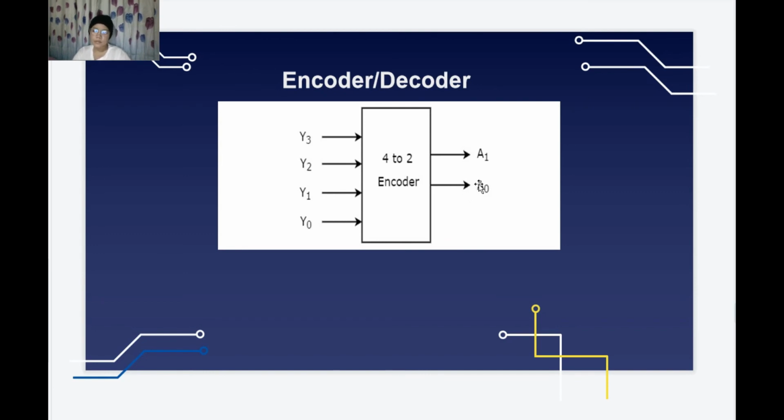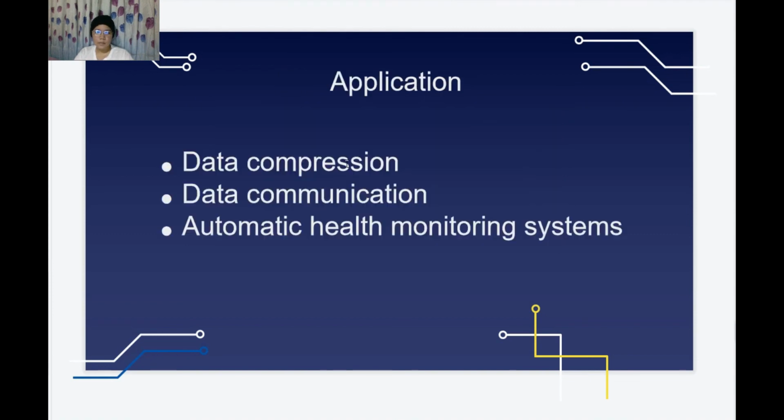Sometimes in electronics we need to compress multiple numbers of inputs to a smaller number of outputs. That is how the encoder works, while the decoder is the reverse of the encoder, which has a smaller number of inputs, while the output has a multiple number of outputs. The applications are data compression, data communication, like converting data to digital bits, and automatic health monitoring systems. So let's proceed to next.